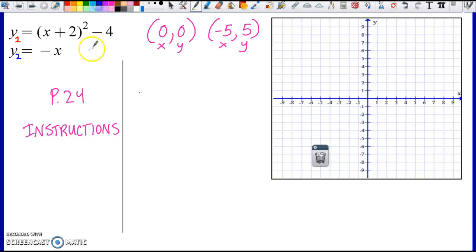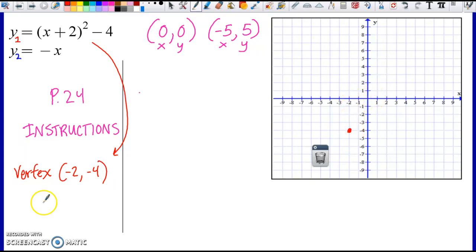I can graph this one by hand just to show you that the calculator works. Let's go Y1, let's go in the red spot. The nice part about this quadratic equation, it's in vertex form, so I can get the vertex right away. And that makes graphing much easier. It's the opposite of the inside, -2, same sign as the outside, -4. So -2, -4.